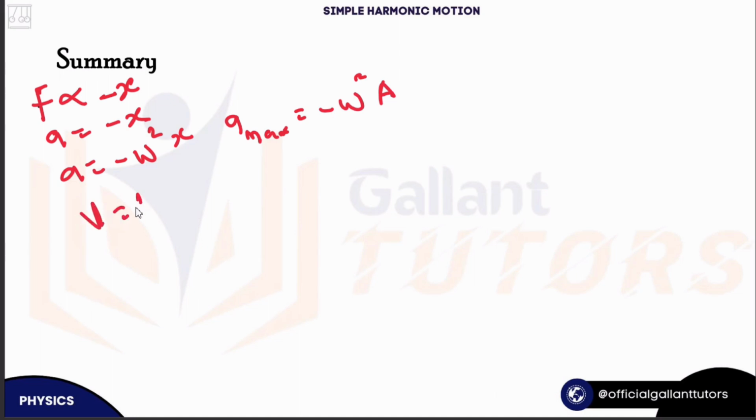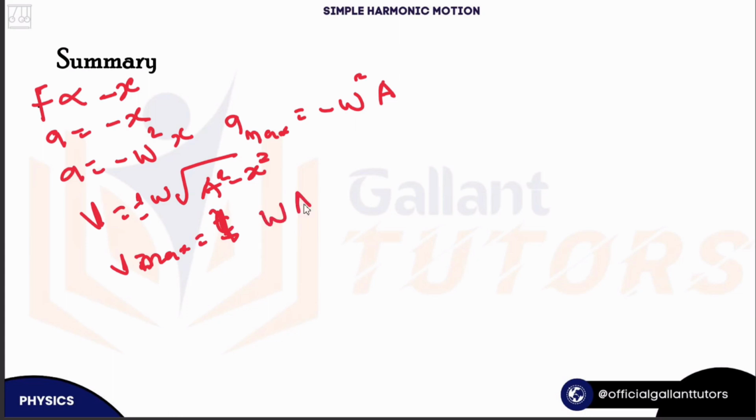Also we have v equal to plus or minus w times the square root of a squared minus x squared. So at v maximum, we just have w a, because at maximum x this term will be 0. So v max is w a. I don't cram formulas, I just flow along with what I'm doing. You should learn that principle too.